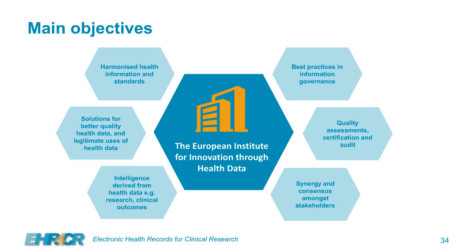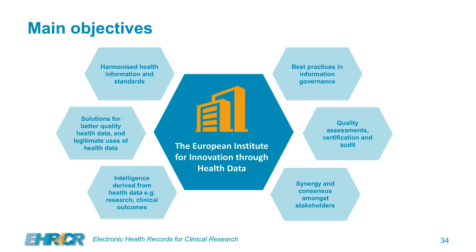The first is to try to ensure best practices in information governance across Europe. The second is to ensure quality of all the systems involved, and to ensure that by carrying out assessments, certification of the systems, and audit of the processes to ensure that standards are maintained into the future.